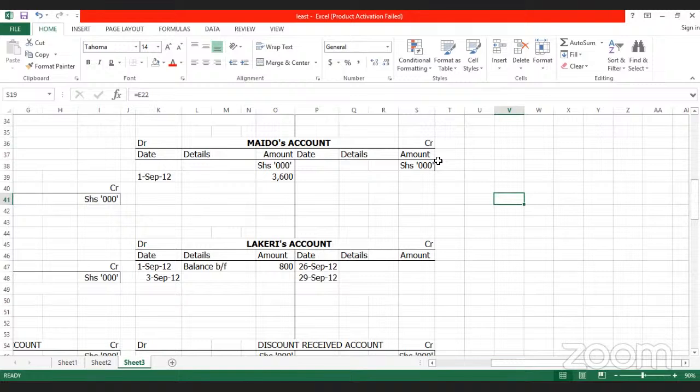You credit the receivable accounts and then you debit the sales account. Any other trial?